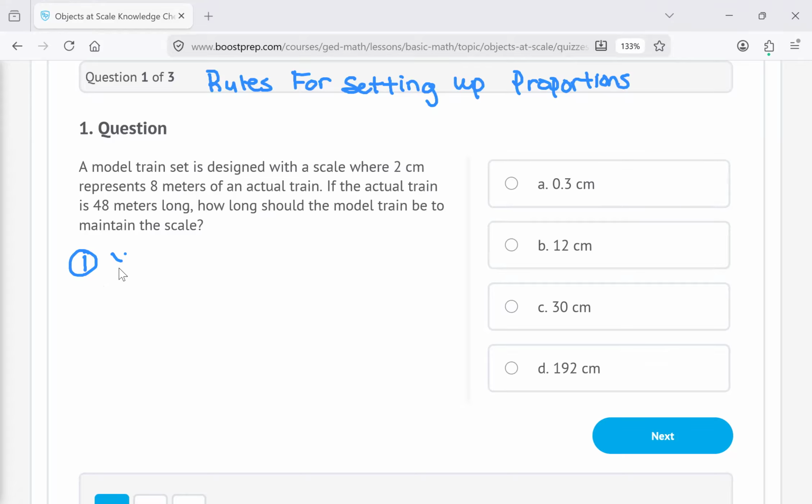What does that mean? I'll show you an example.